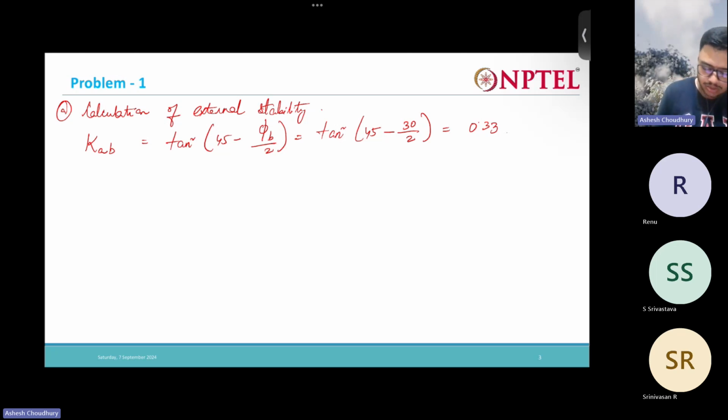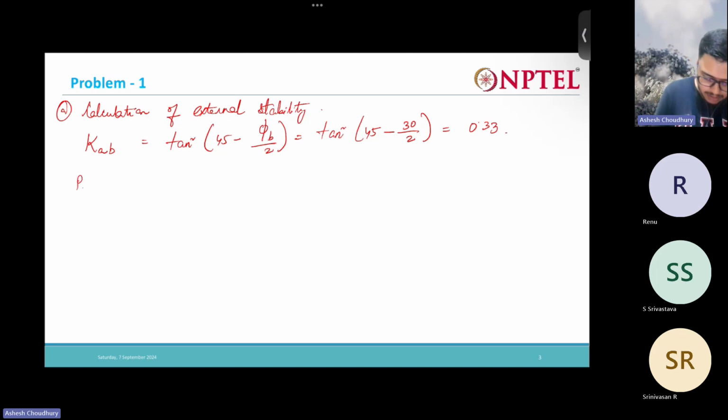Now we need to calculate the lateral earth pressure. One is a triangular variation coming from the weight of the backfill, and another is the rectangular variation of earth pressure coming from the surcharge. We will write both of those.